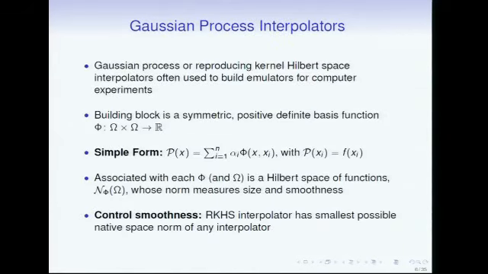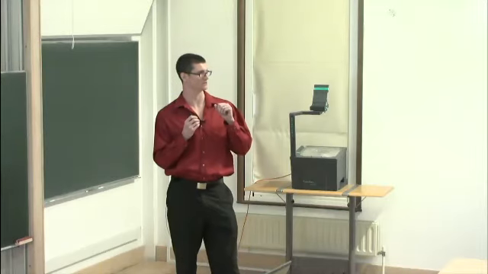Yeah. So Gaussian process interpolators. Oftentimes people use a Gaussian process to build an emulator. Maybe I will say something that's a little bit new. So if instead you look at it as a reproducing kernel Hilbert space interpolator, in some kind of sense you're making a weaker assumption. Say you say, okay, I think my function's going to have continuous second derivatives.